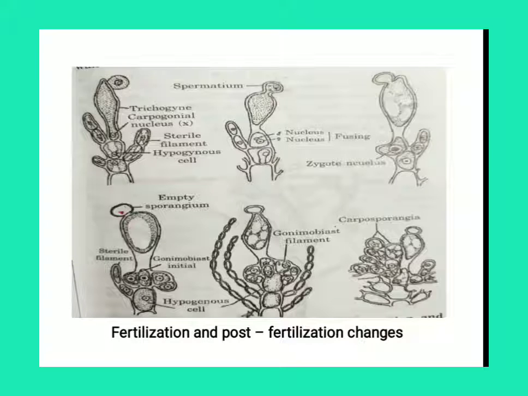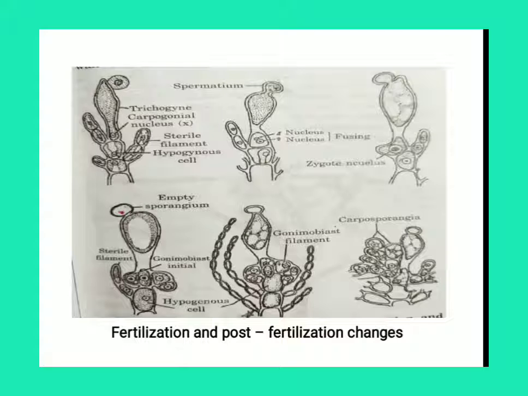After the meiosis process comes the mitosis process. Some cells together are known as gonioblast, and the gonioblast further divides into a filament-like structure, which is known as the gonioblast initial.